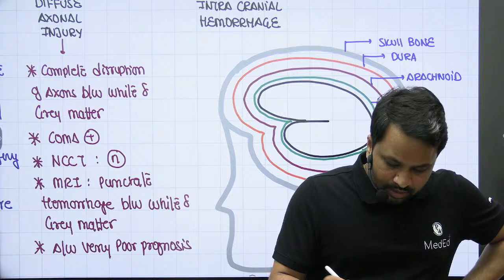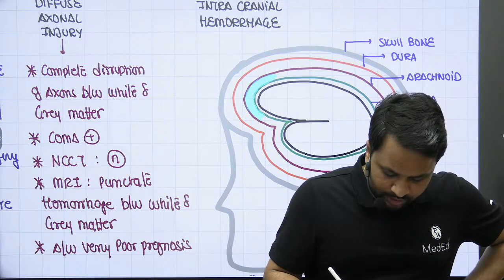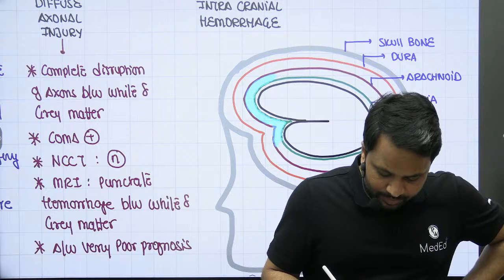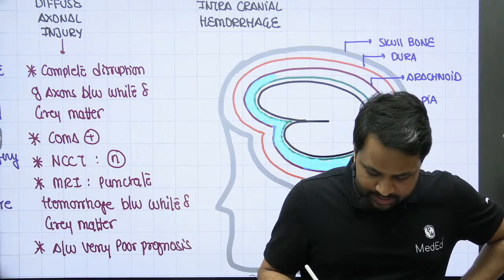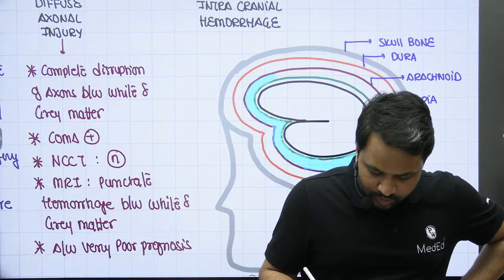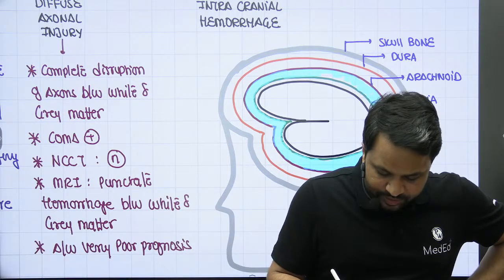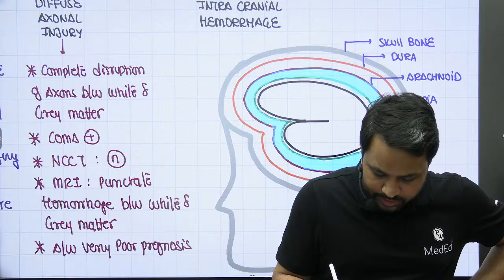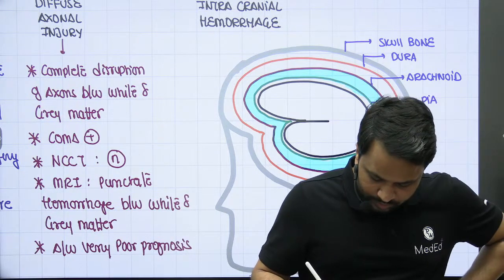Now, right in the center, that is in the subarachnoid space, you have this fluid which is freely floating. The fluid present between the pia mater and the arachnoid membrane is what we call the CSF, that is cerebrospinal fluid. So CSF is present in the subarachnoid space.